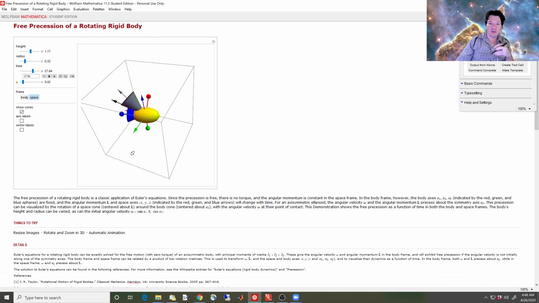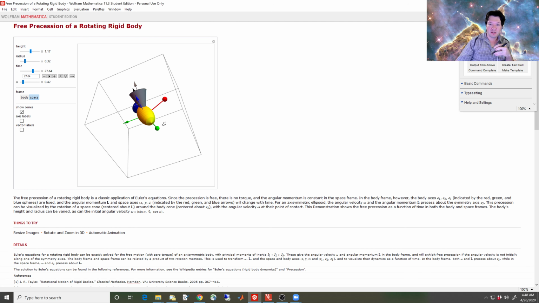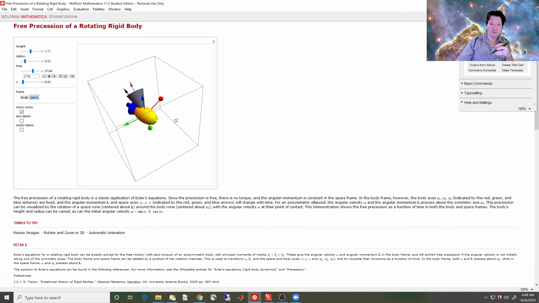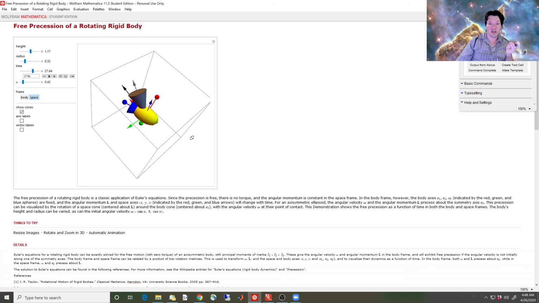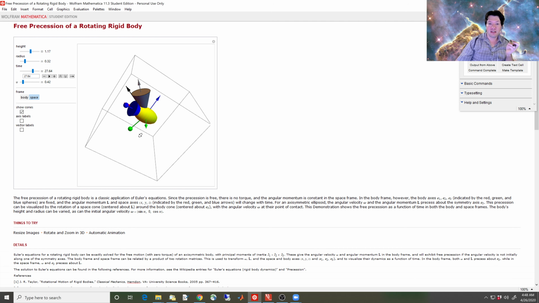Here, just to orient us, the green, red, and blue dots are the axes x, y, and z in the body fixed frame. The red, green, and blue arrows are the x, y, and z axes in the inertial frame.